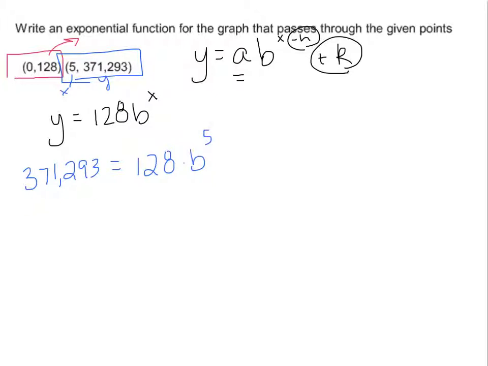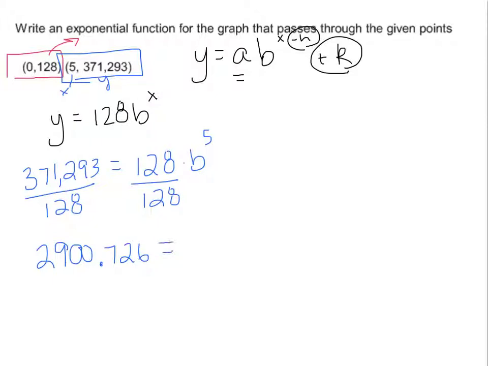We're going to solve this. So to solve this, we first have to divide both sides by 128. So when we divide 371,293 by 128, we get 2,900.726, and it keeps on going. So this is equal to b to the fifth.